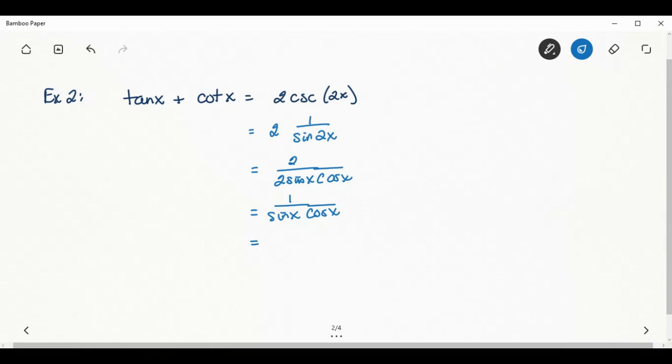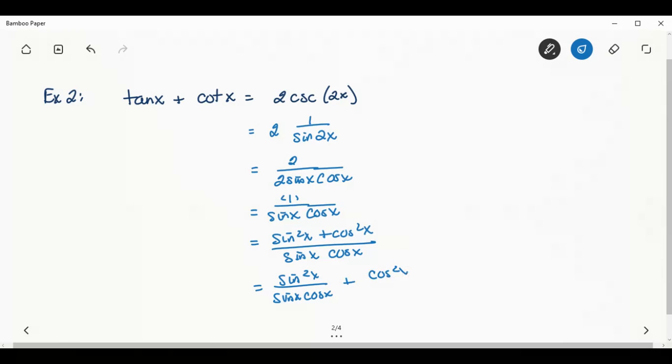Similar to proofs we have done in the past, we are going to look to change this 1 to be in terms of sine and cosine. We know 1 is equal to sine squared x plus cosine squared x. And we're going to leave that over sine x cosine x. When we split each of these values in the numerator up, so we have sine squared x over sine x cosine x plus cosine squared x over sine x times cosine x, we can see that individually each fraction can be reduced.